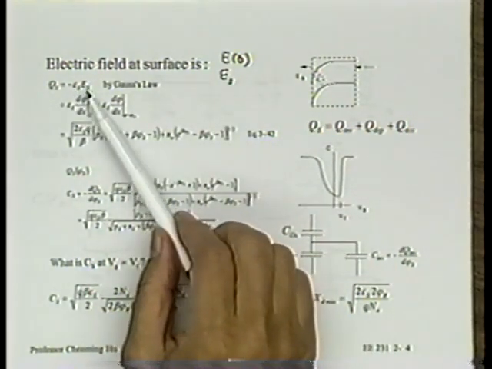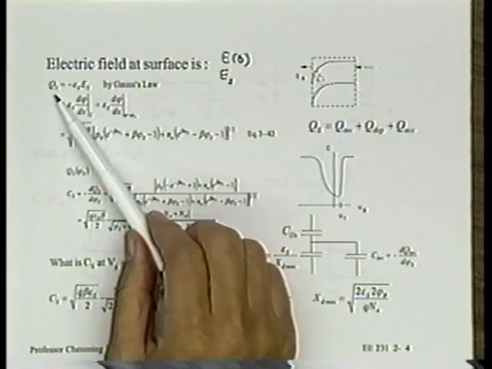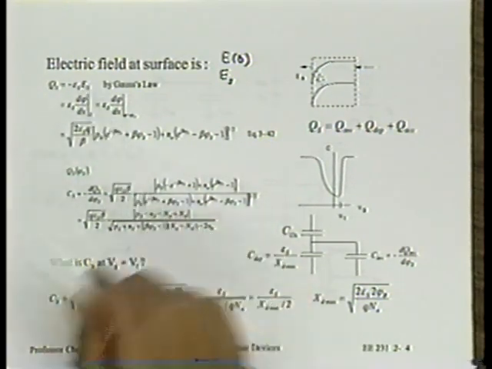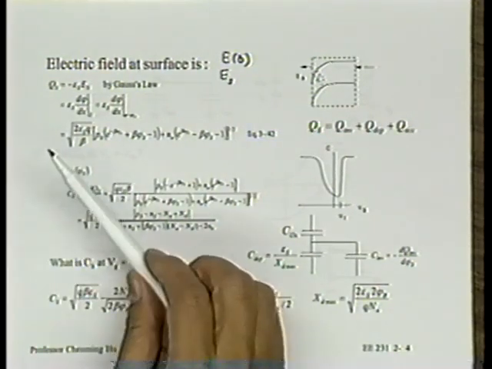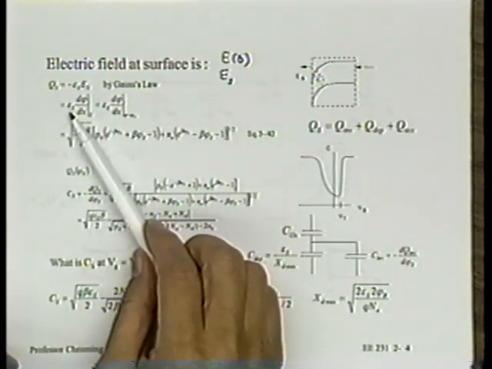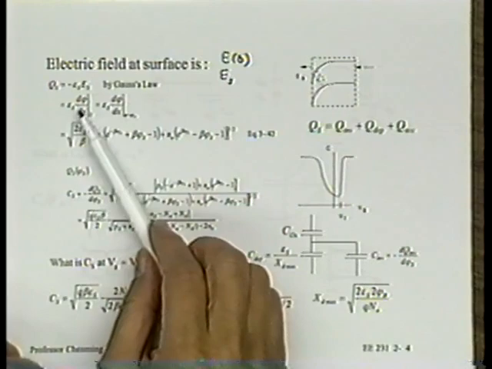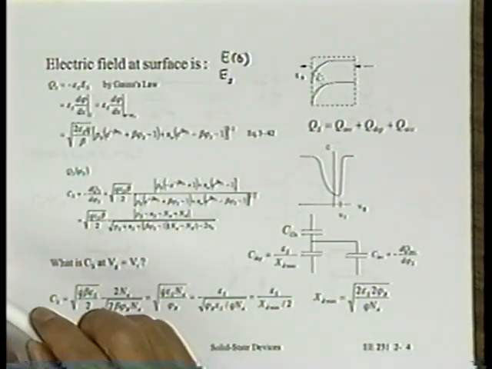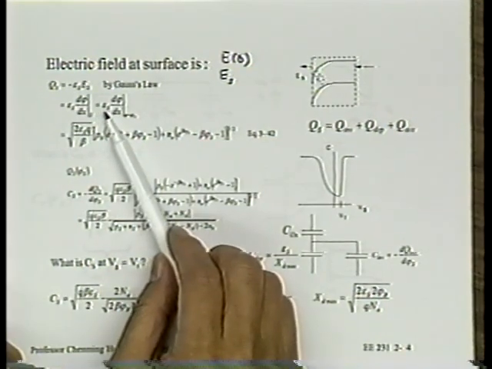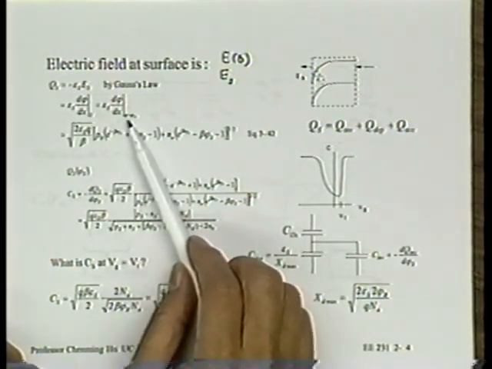Now the relationship between Qs and ES, that is Qs is equal to minus epsilon s times ES by Gauss's law. Is that right? And we already know Ex, fortunately. That is equal to epsilon s d phi dx. Evaluate that differential at the surface. And therefore it's equal to epsilon s d phi dx, and evaluate that expression at phi equal to phi s.